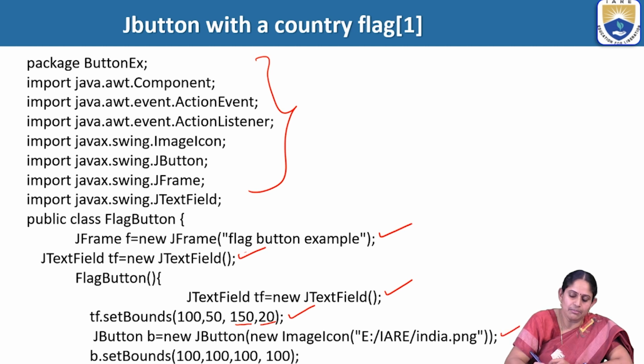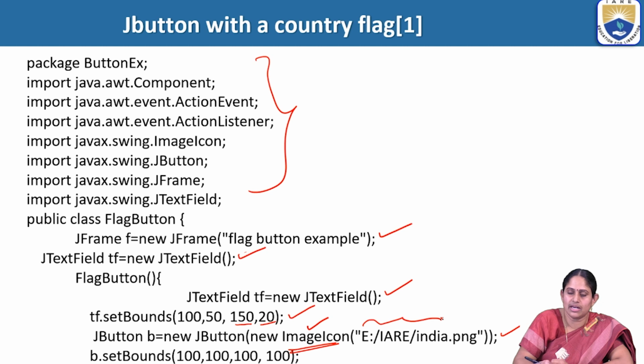Now we are creating a button with some image. As I've told in the previous example, if we want to add some images onto our components, then we make use of the class ImageIcon. To this class, we will be passing the URL of that image. That URL will be converted into an image icon, and it will be placed over the button.